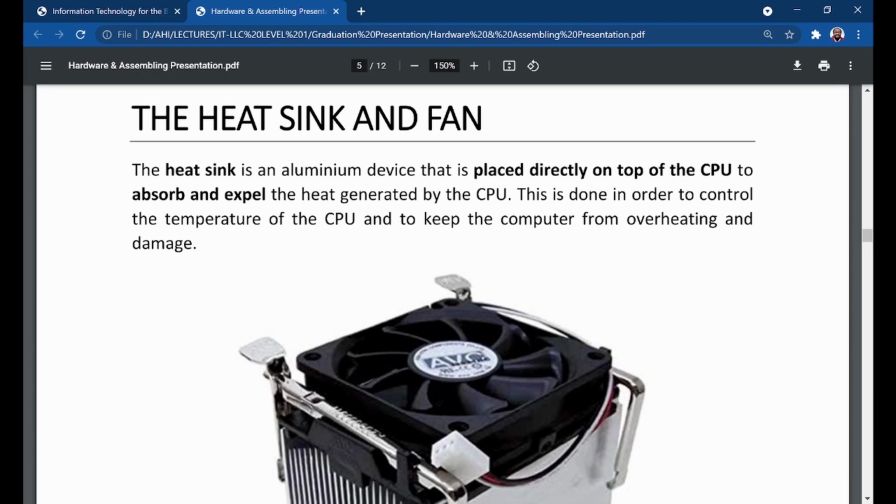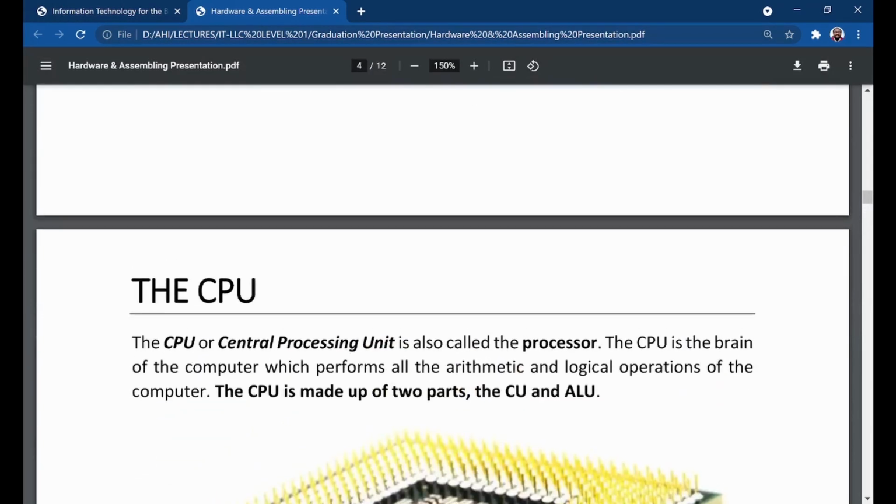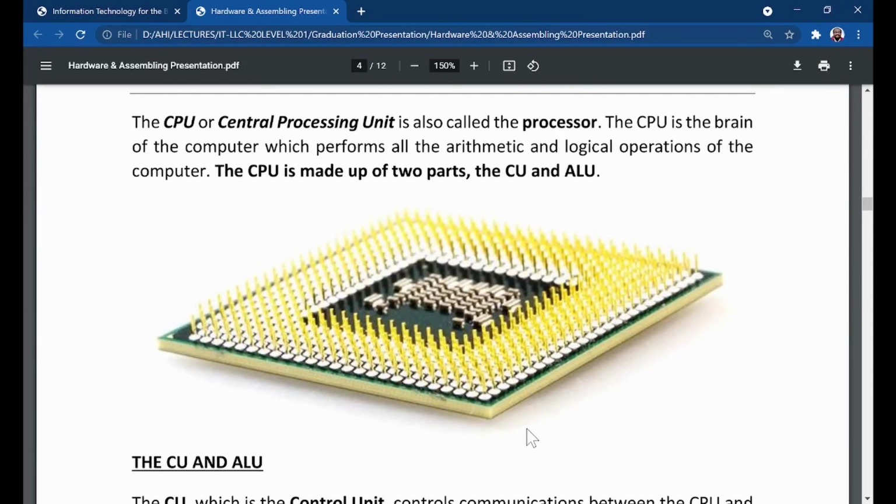This is done in order to control the temperature of the CPU and to keep the computer from overheating and damage. That is very interesting. We have to understand that the CPU produces a lot of heat. The last time we talked about the CPU, have you seen the CPU?